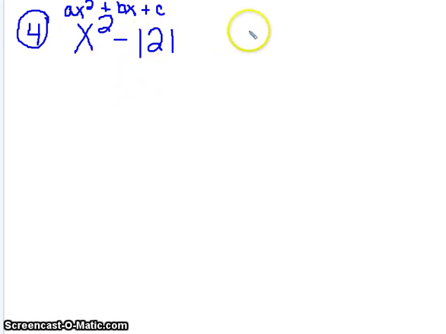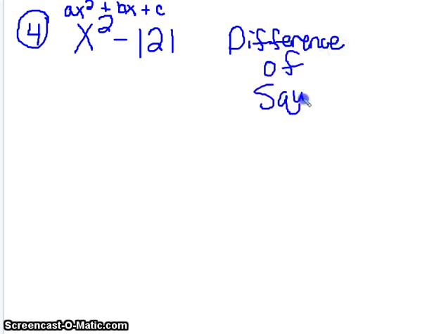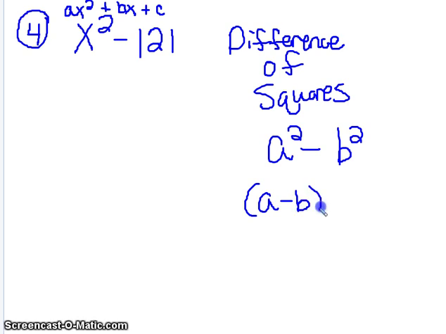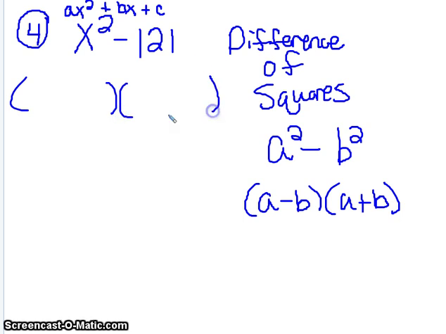And so that is called the difference of squares. The difference of squares is if we have a squared minus b squared, then it is equal to a minus b and a plus b. So we can split this into two binomials.